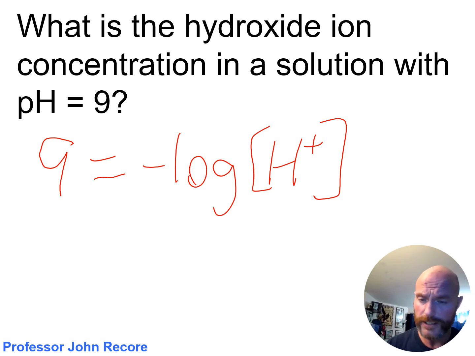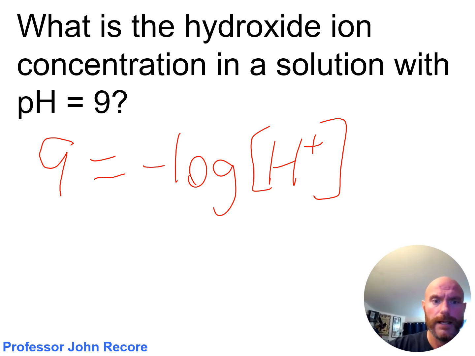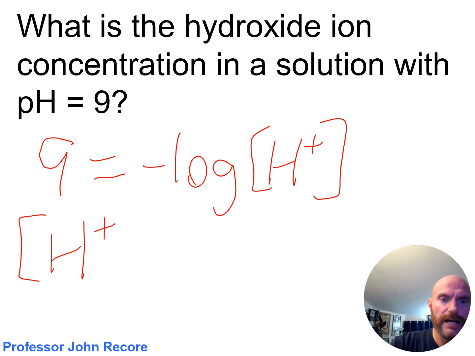The negative log of 10 to the negative 9th power is positive 9. And indeed, positive 9 is the answer that we begin with. So we know our hydrogen ion concentration is equal to 10 to the negative 9th power.